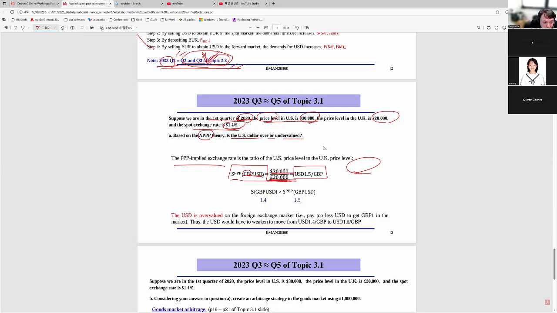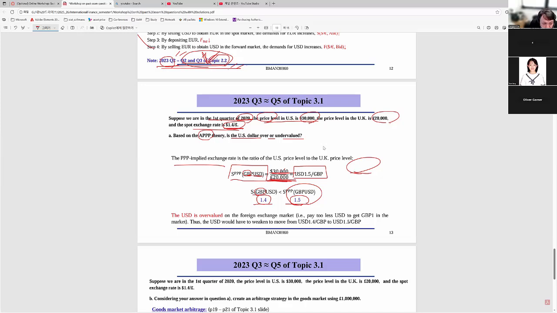Now you need to compare this one with the actual exchange rate. So actual exchange rate is 1.4, PPP implied exchange rate is 1.5. So in terms of pound, if you think PPP is a good model, this is the right number. So on the FX market, this number is less than the right number, which means for 1 pound on the FX market, you pay too small an amount of dollar.